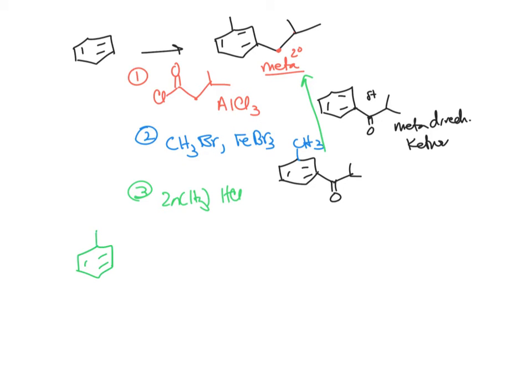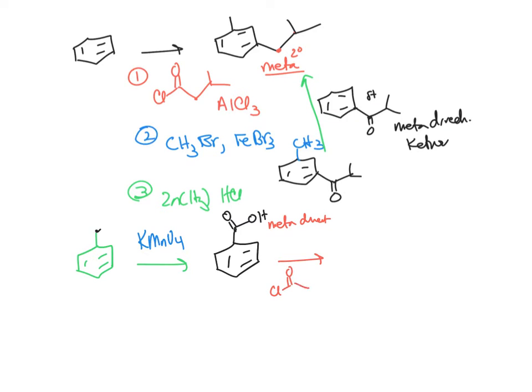I guess I would say benzylic oxidation would be good because we've got to get a meta director in there. And so this methyl here would go to a carboxylic acid. And then, if I was working this in the lab, I guess then that would be a meta director. So now you could do your acylation.